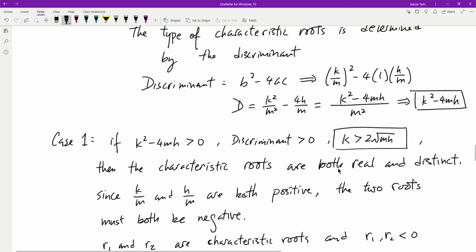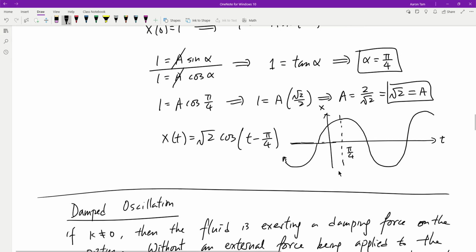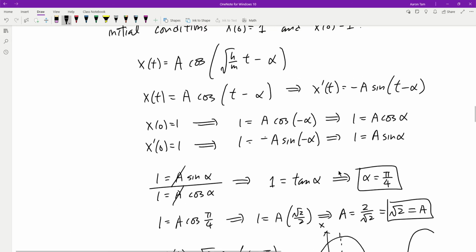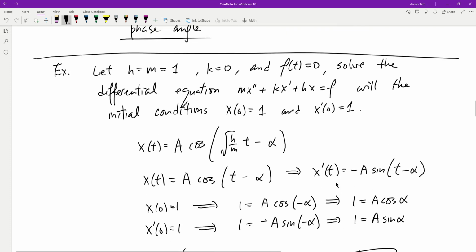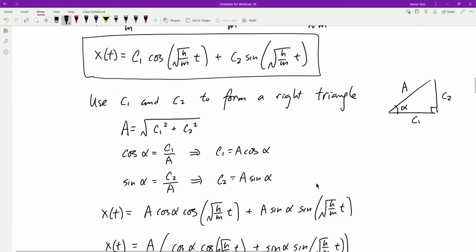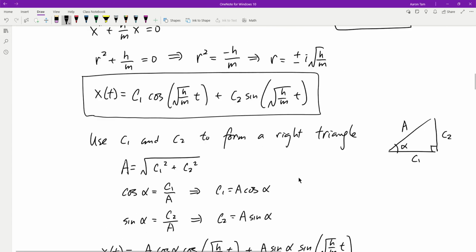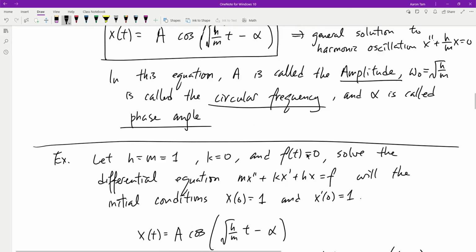And then in the free oscillation case, we don't have negative k over 2m, because there is no damping.